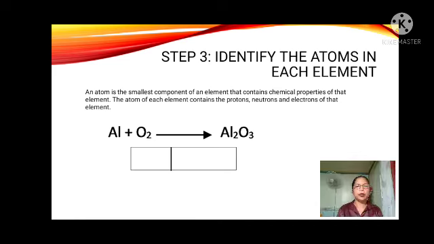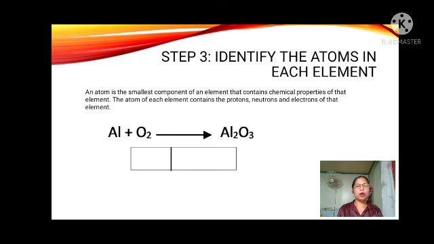Step 3, identify the atoms in each element. By the way, we have to define what an atom is. An atom is the smallest component of an element that contains the chemical properties of that element. The atom of each element contains the protons, neutrons, and electrons of that element.